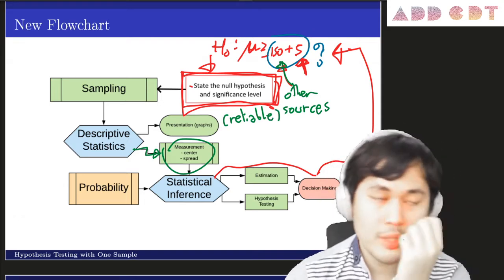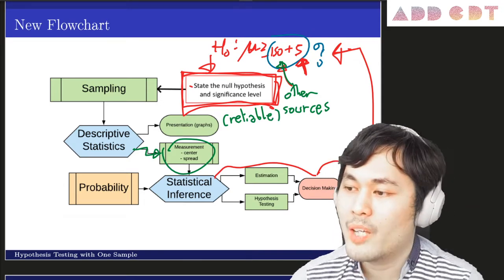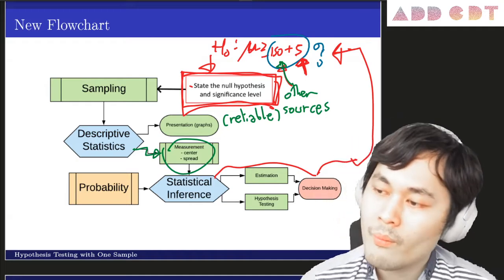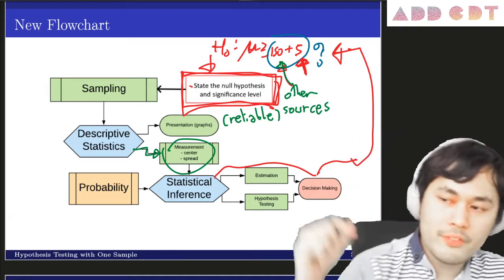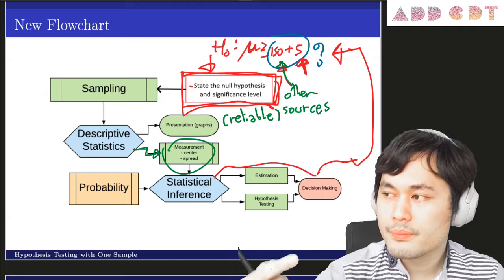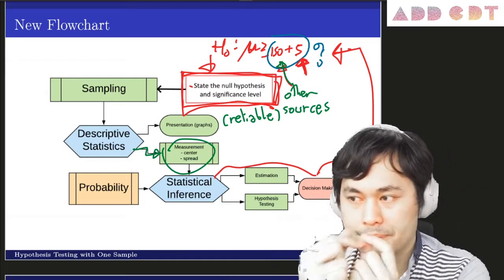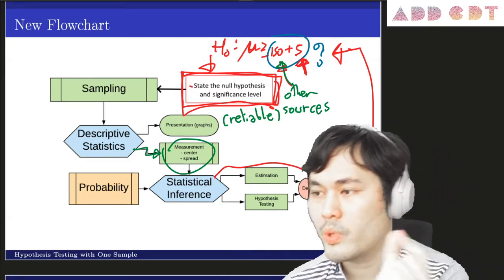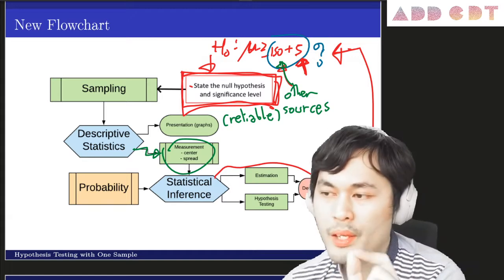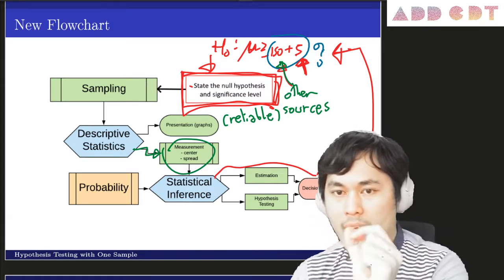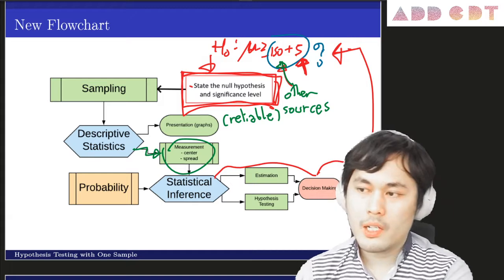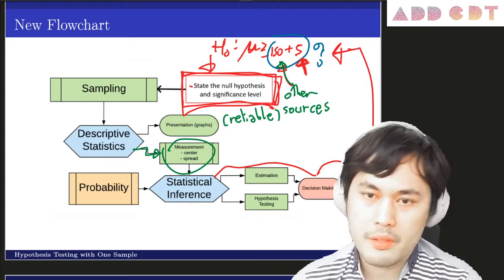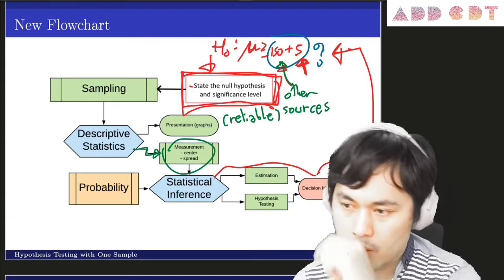You don't want to get that from just any random sources. So now you have a number from somewhere else. You may add or subtract whatever difference you believe in, and now you can use that number to test whether your original hypothesis or your null hypothesis is true or not.